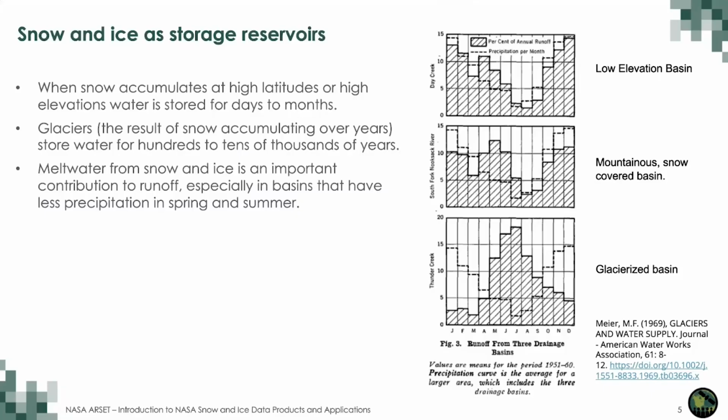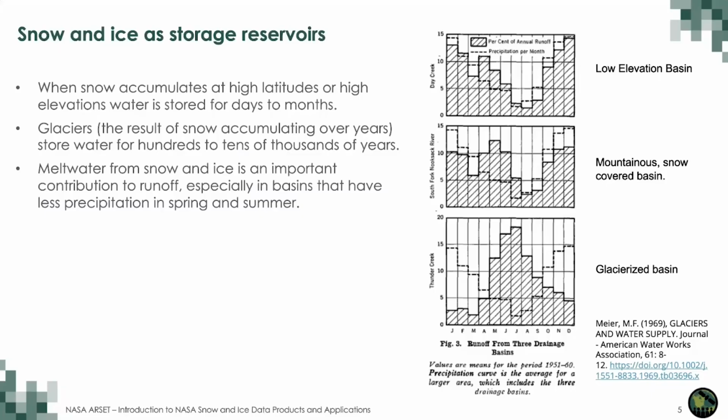And in the top diagram, you can see that the runoff graph shown by the cross-hatching pretty much follows the seasonal distribution of precipitation. In the mountainous basin, the peak runoff is delayed until spring, which is later than the peak of precipitation in winter.